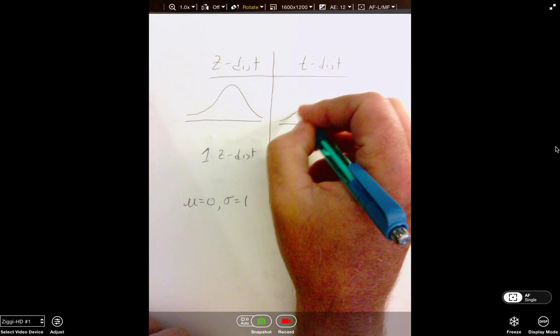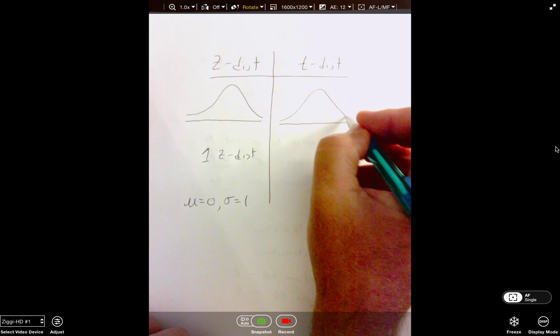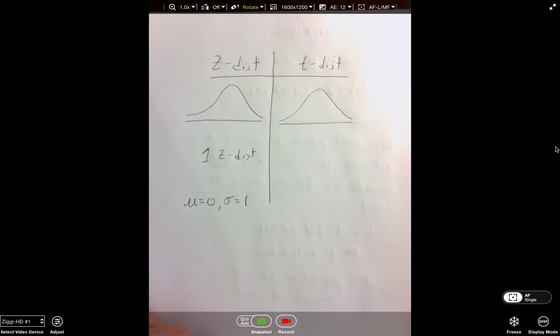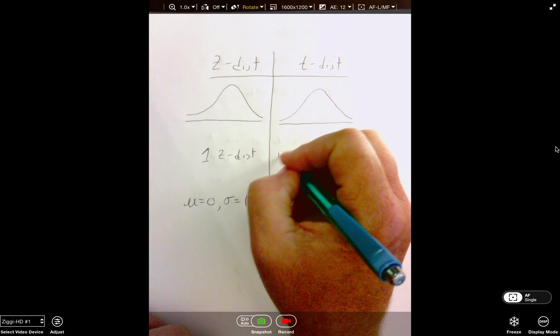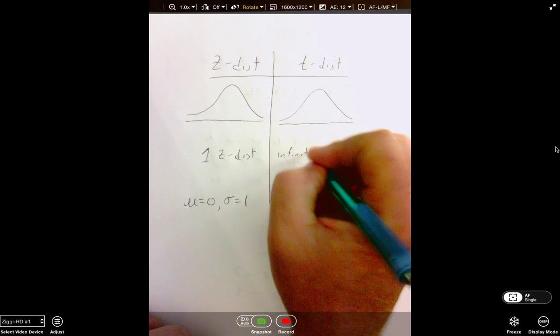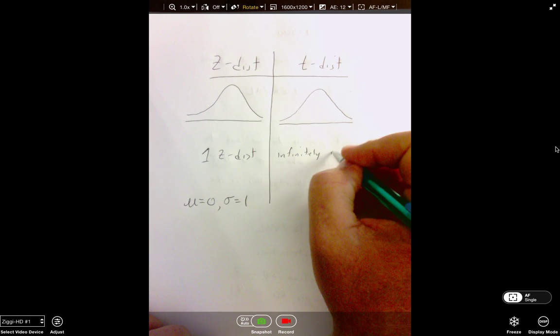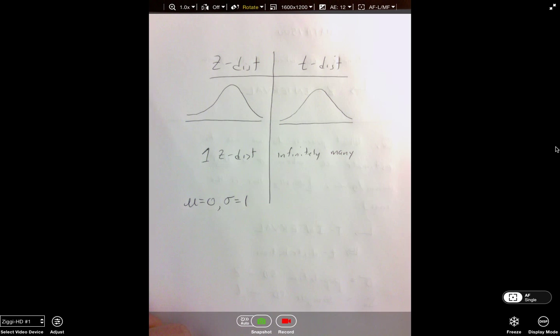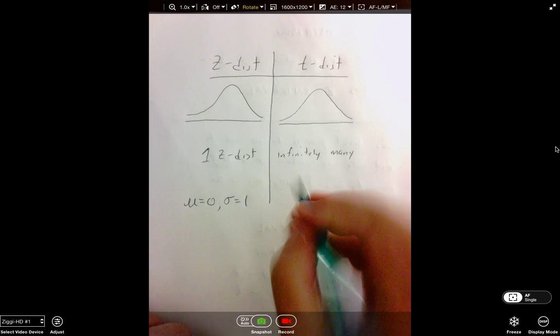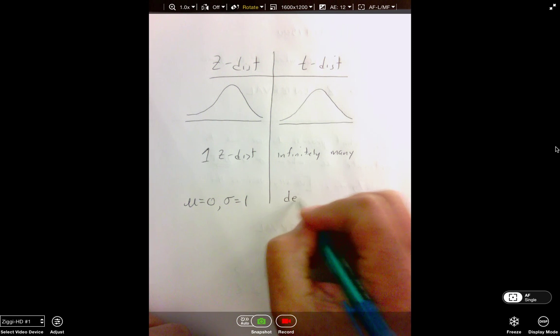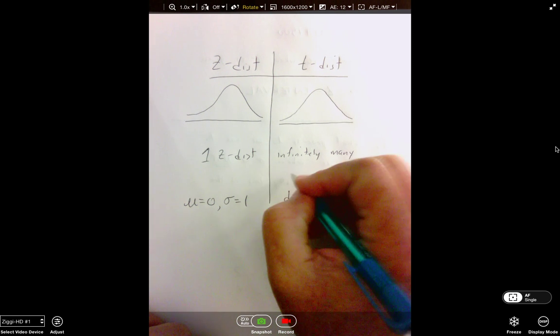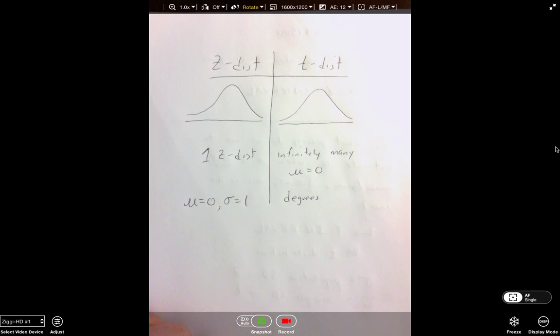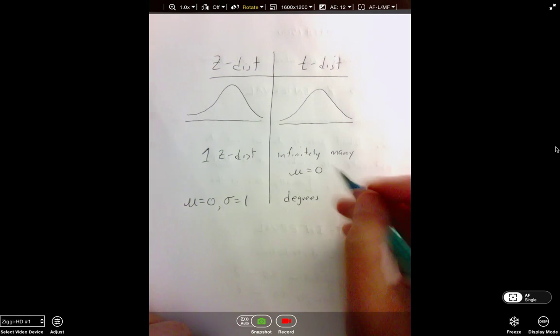Well, the t distribution is still bell-shaped and symmetric. But it turns out that there are infinitely many t distributions. Each of these does have mean 0, but the standard deviation varies according to the distribution that we have.